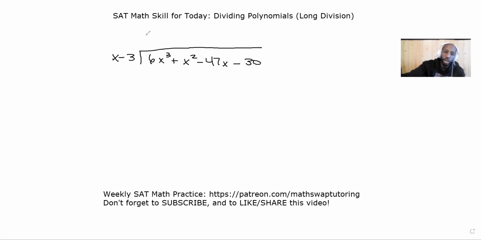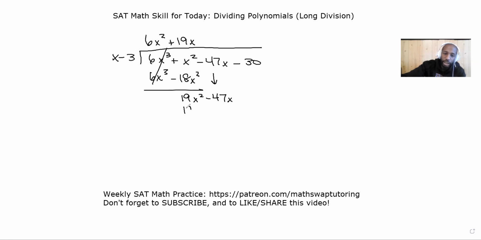X goes into 6x cubed 6x squared times, and then negative 3 times 6x squared is negative 18x squared. These cancel. Then x squared minus negative 18x squared is x squared plus 18x squared, which is 19x squared. Then we bring down minus 47x. X goes into 19x squared plus 19x times.